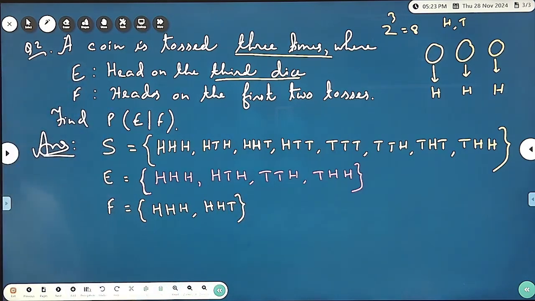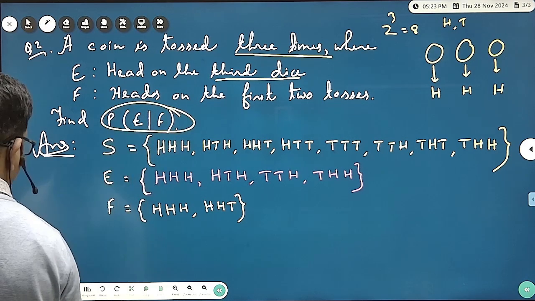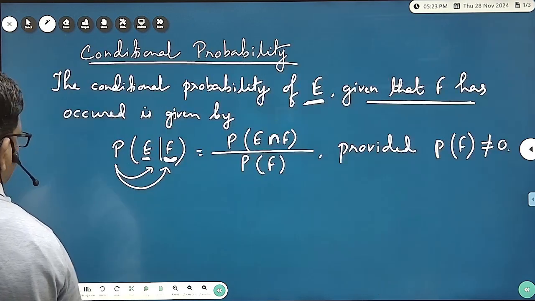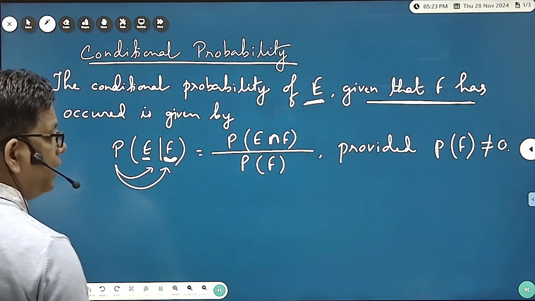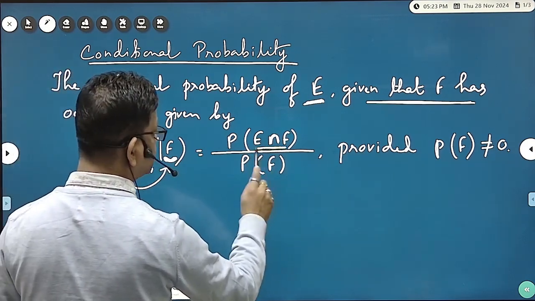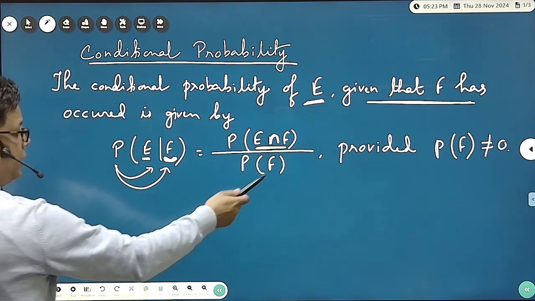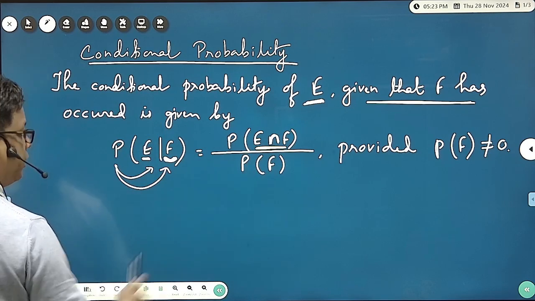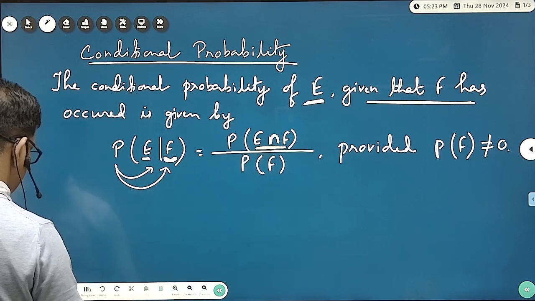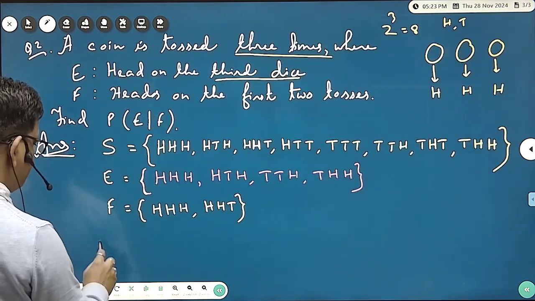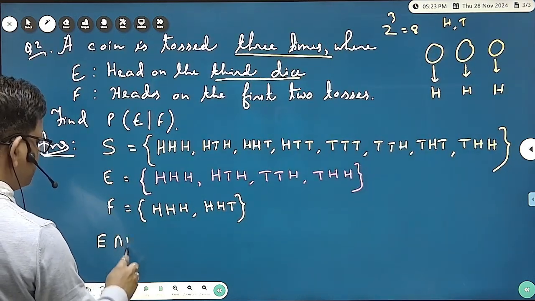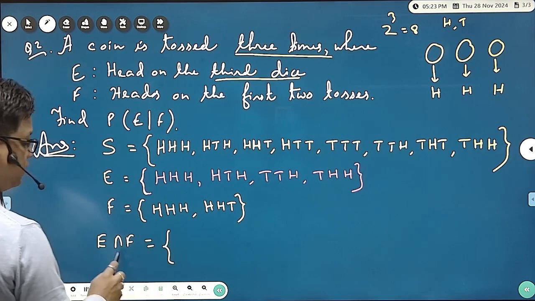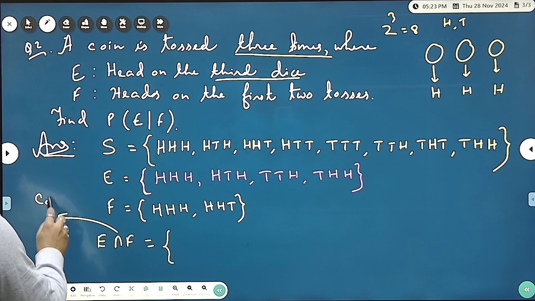Right. Now, as you know, what is the question? Find the probability of E conditioned on F. Now, in the first definition I gave you today, we must have the probability of the intersection E and F, and then the individual probability of F, right? Let us first find out the intersection of E and F. Intersection means the common elements which are there in both.